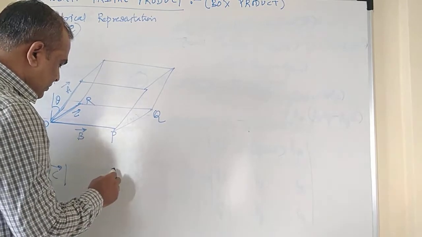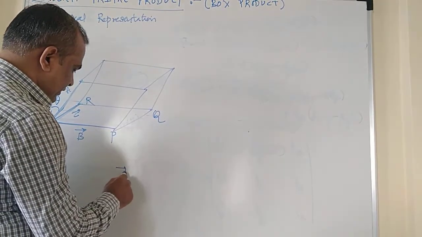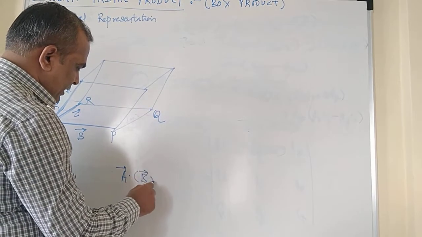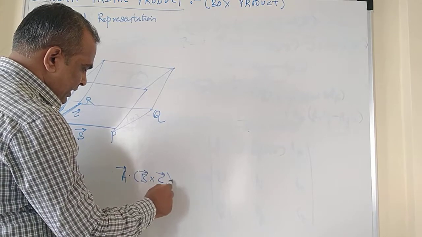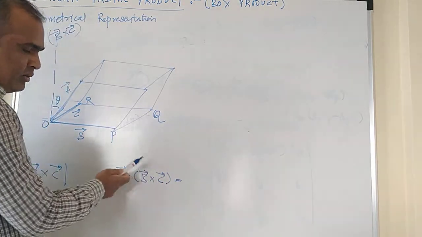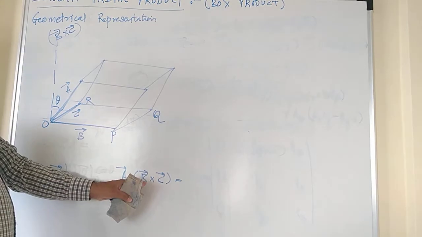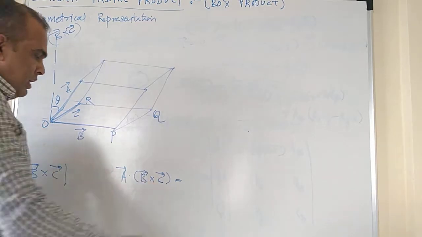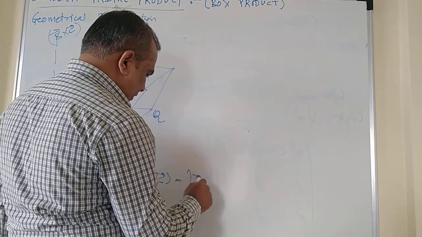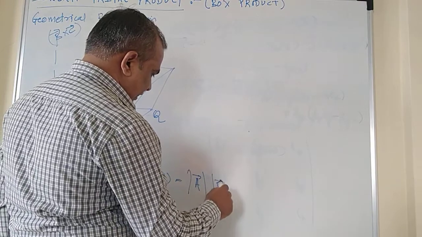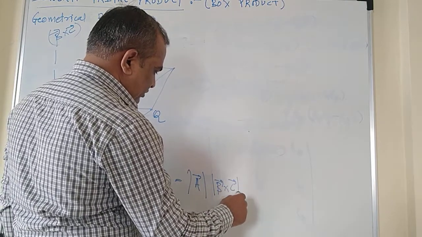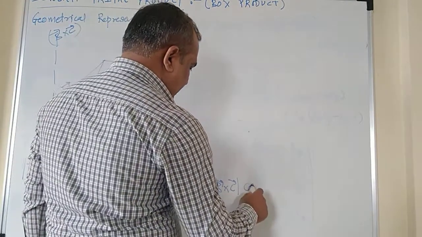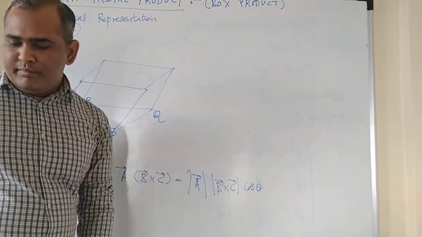So the scalar triple product A bar dot B bar cross C bar can be written as, considering B bar cross C bar as a D bar, the magnitude of the first vector into the magnitude of the second vector, B bar cross C bar, and the cos of the angle between the two vectors.